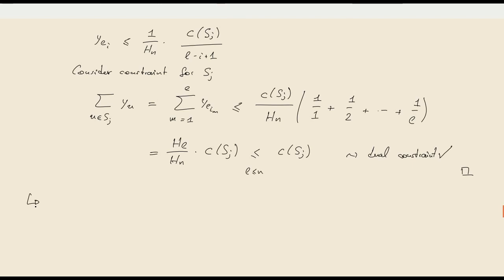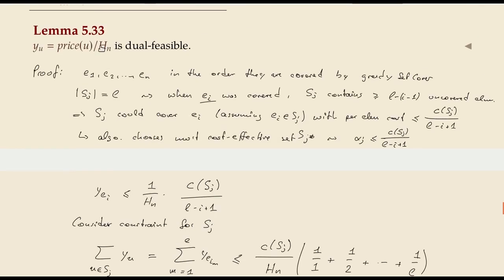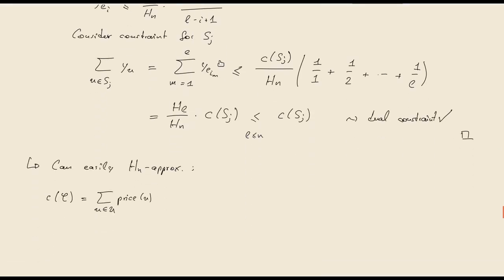And in this way, we can much more easily prove that this algorithm is an Hn approximation, because the cost of the solution that we return is just the sum of the prices, and if we use these backwards, then that's Hn times the yu.